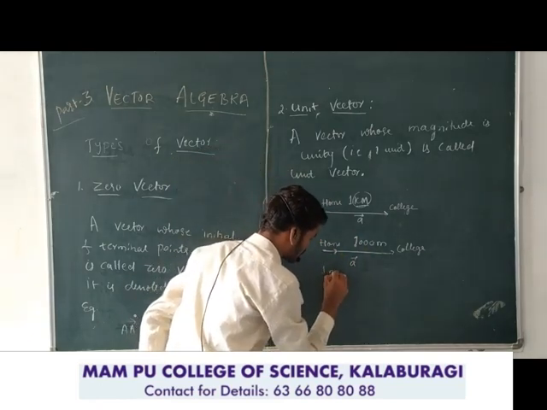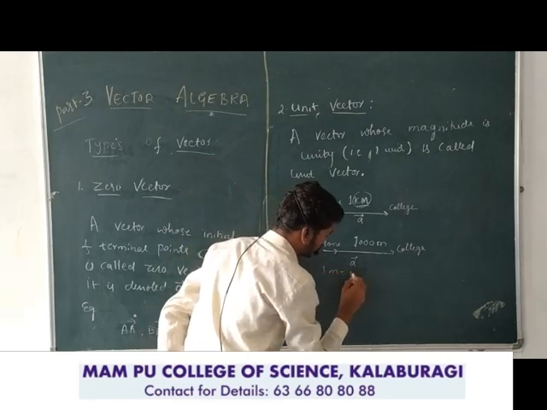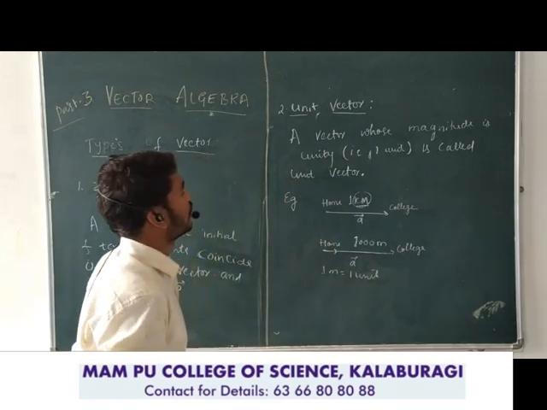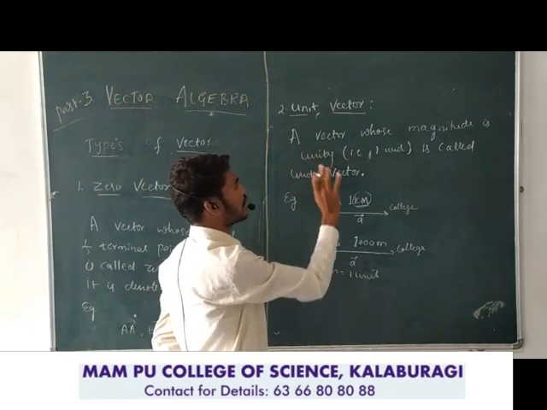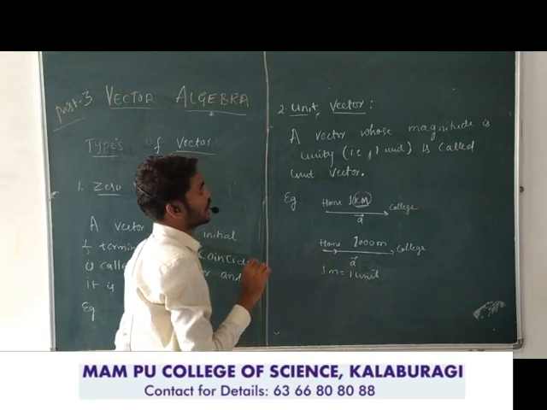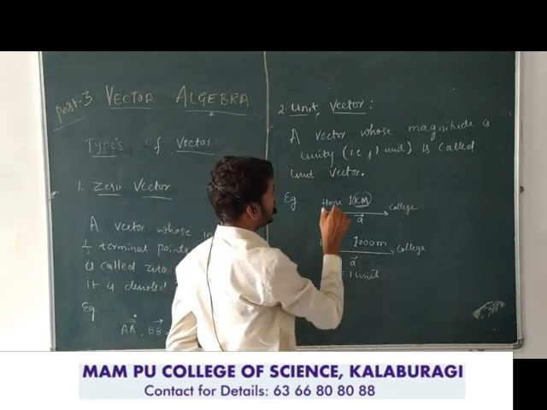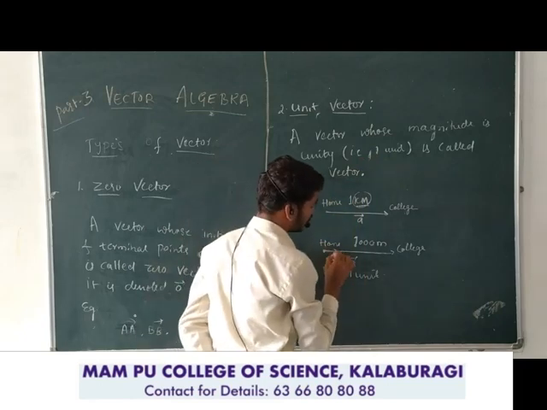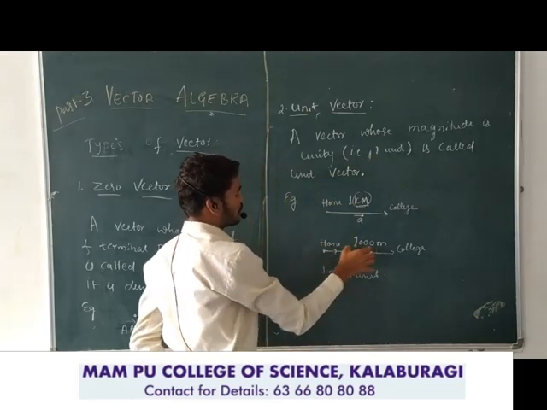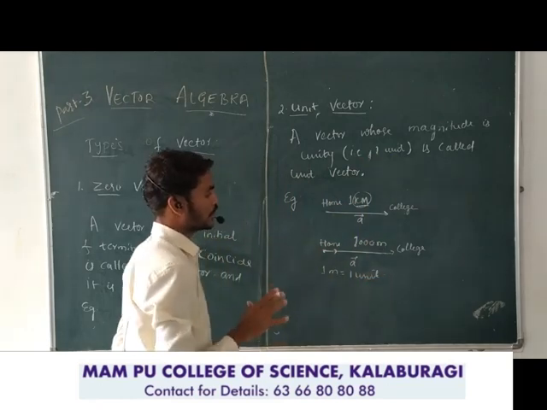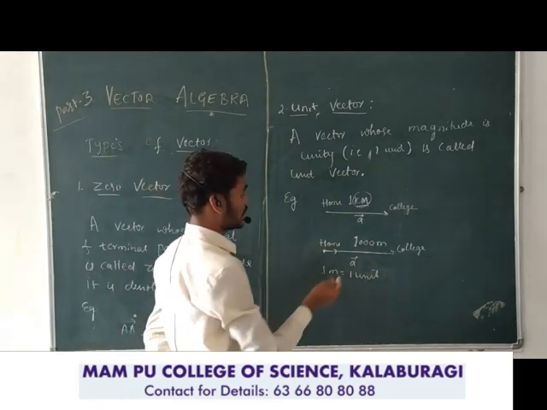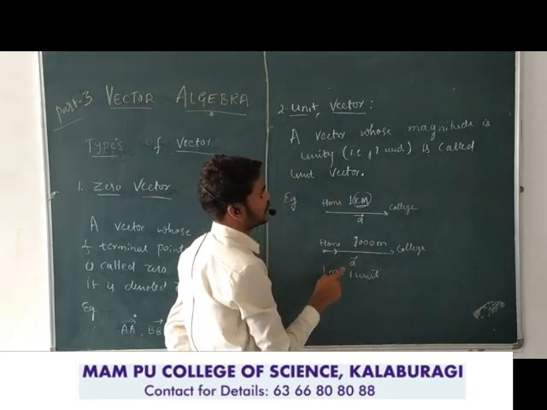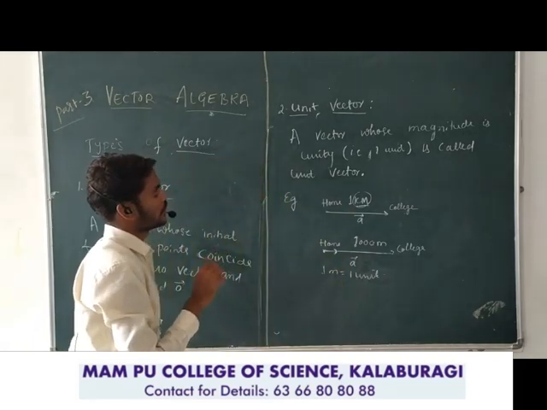See the definition here: a vector whose magnitude is unity, that is 1 unit. Here the total 1000 meters is unity, and in that 1 meter is 1 unit. This is the example of a unit vector.